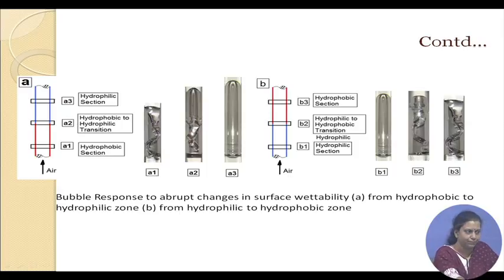On the other hand, when it was first rising through a hydrophobic section, the typical shape of a hydrophobic section was there, and the moment it entered the hydrophilic section, immediately the nose took up the semicircular, hemispherical shape, while the film continued to meander in the lower portion, and then gradually as the bubble progressed completely into the hydrophilic section, after a while we find that it resumed the rotationally symmetric shape with which we are familiar.